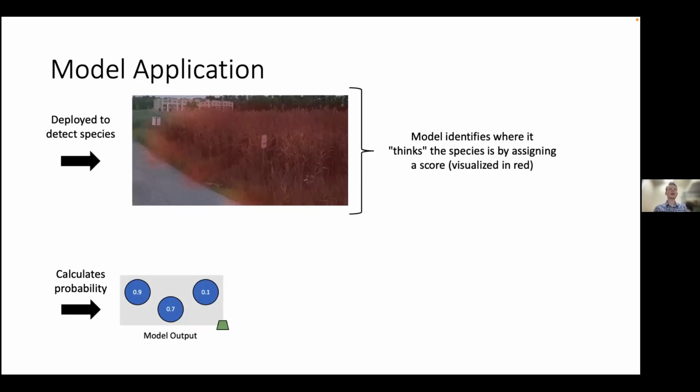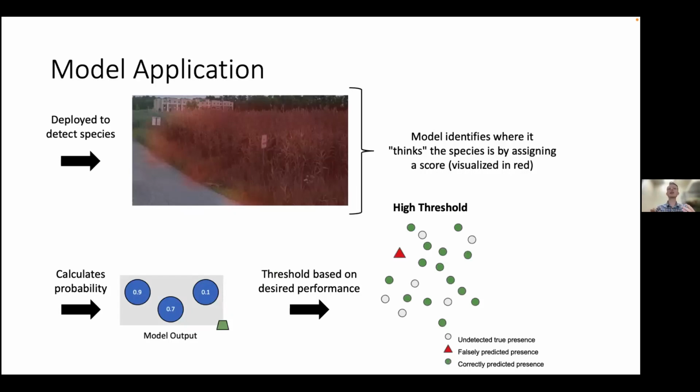But one important thing with this probability is that it shouldn't be used as is. You want to do some thresholding based on desired performance. You want to pick everything at or above some probability as your quote unquote positive, what you're considering a presence.